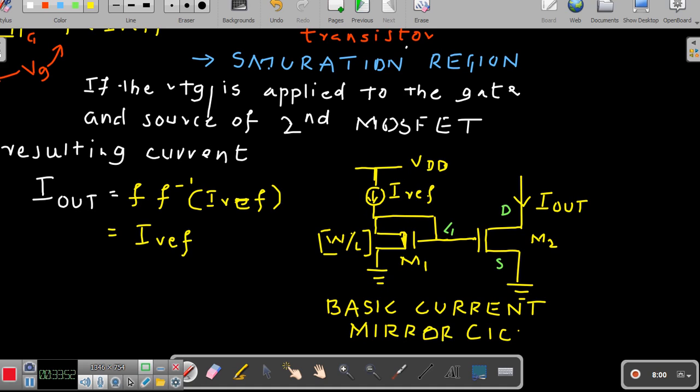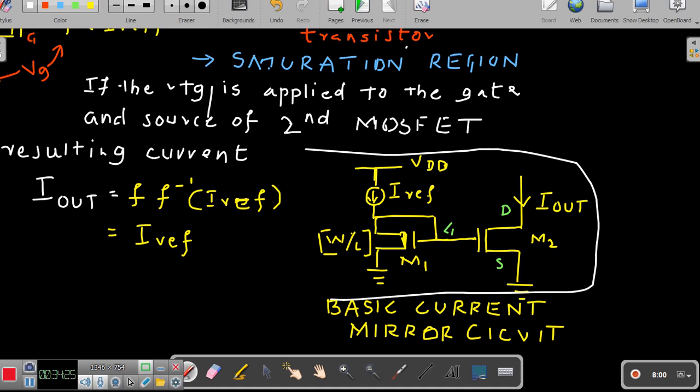Now we have understood how exactly it is possible for us to have the output current dependent on some already known reference current, and from that reference current how it is possible to make the output current independent of the supply, process and temperature. So this circuit, whatever we have drawn here, is referred to as the basic current mirror circuit, this particular diagram.